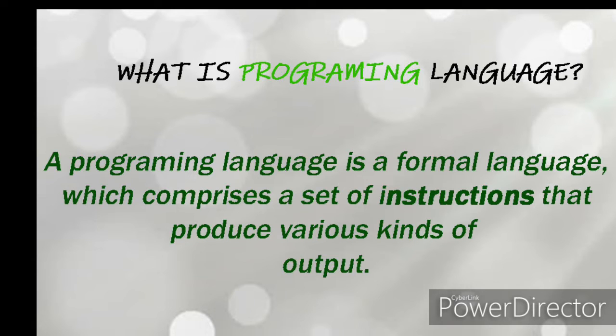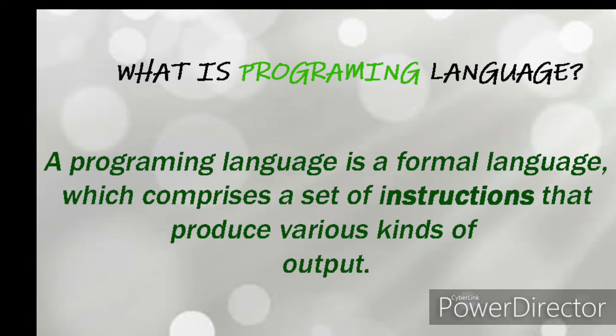The language is what the computer understands, which gives instructions to the computer, and in return the computer gives output based on the instruction given. The output can come in different forms. It can come as software, a video game, or a website, depending on the instruction given to the computer system.